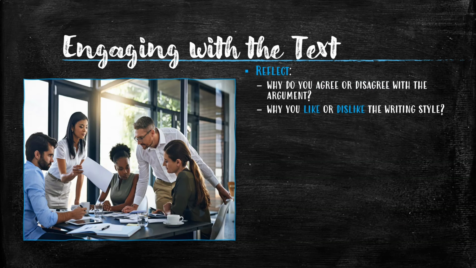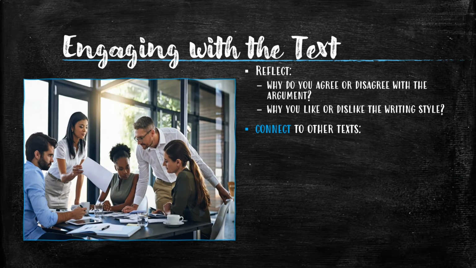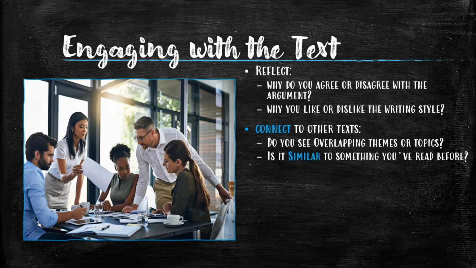You might ask why you like or dislike the writing style or something else about the text. When you connect this text to other texts, you might wonder if you saw overlapping themes or topics. You might ask, is it similar to something that you have read before, something that you have heard before or watched before? You might ask, does it contradict ideas that you have encountered in the past?